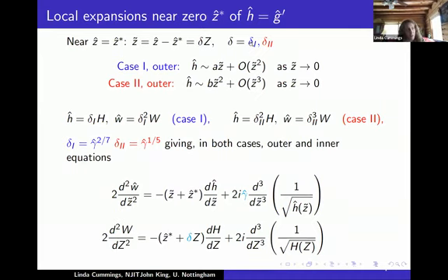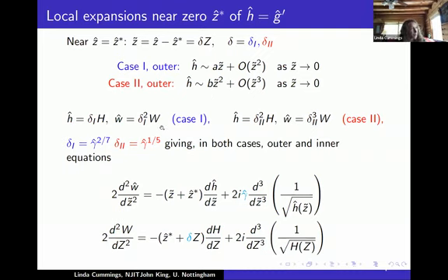And delta's got to be different in the two cases in general because the scalings are different for a simple zero and a repeated zero. So in case one, simple zero, the outer behavior in the coordinate z tilde has to be linear in z tilde as z tilde goes to zero. And for the case of the repeated zero, local behavior has to be quadratic as z tilde goes to zero.